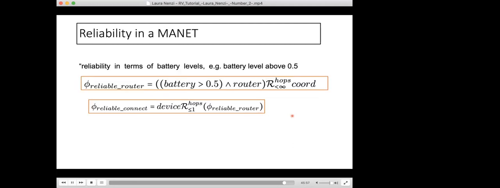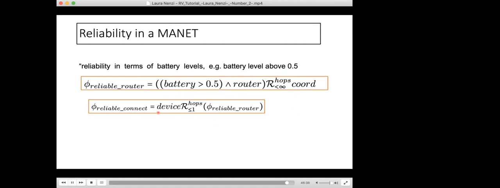The battery level can be considered also for the reliability in a MANET. For example, we may also want to know if there is a path to the router which is reliable in terms of battery levels, for example, a battery level above, again, 0.5. This can be described by this property, where we are asking that not just the router reach the coordinator, but it should reach a coordinator with a path where each router has a battery that is above 0.5.